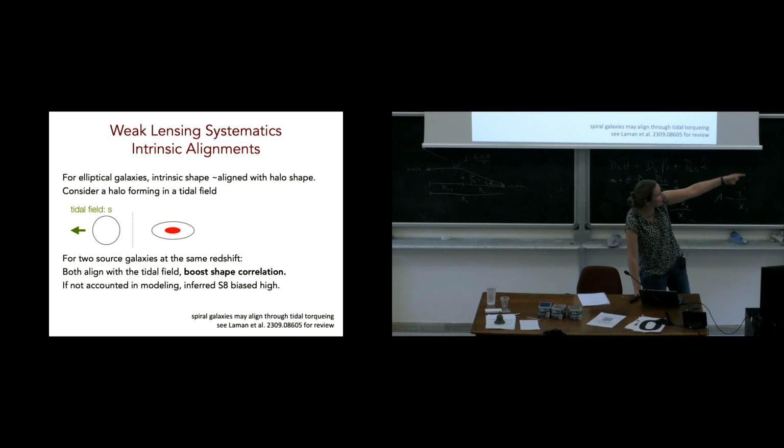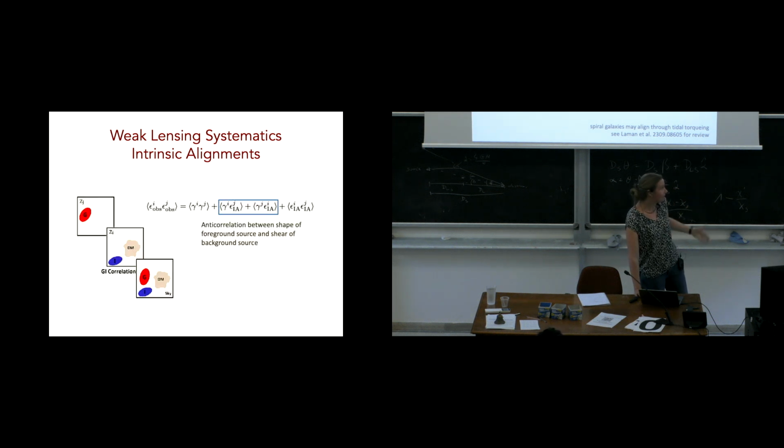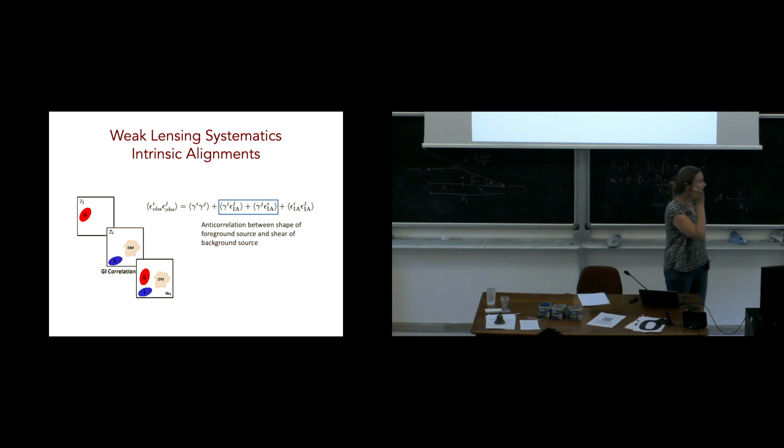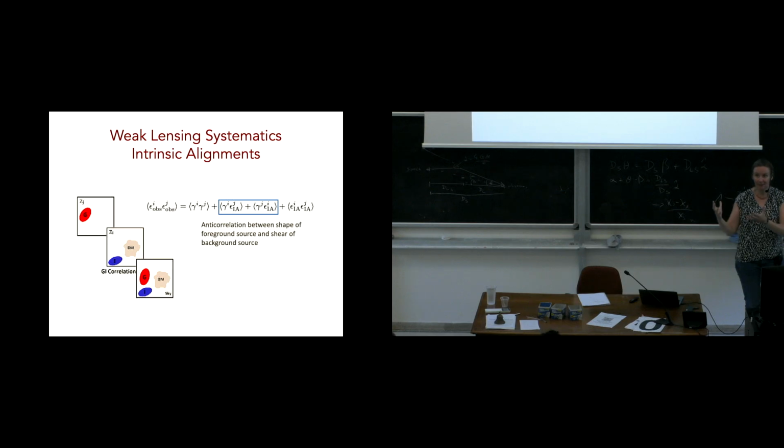So in addition now to two galaxies at the same redshift being positively aligned, there could be another effect. And that is we could also have a correlation between galaxy shapes and foreground shear. So let's start out with some galaxy in the background, which then on the way to us gets lensed by some foreground structure.